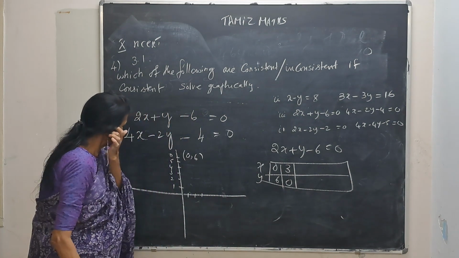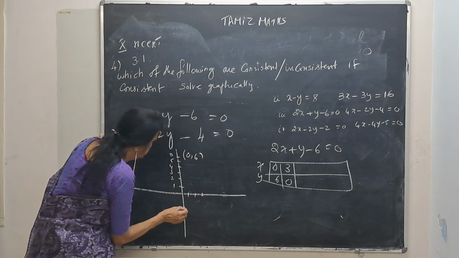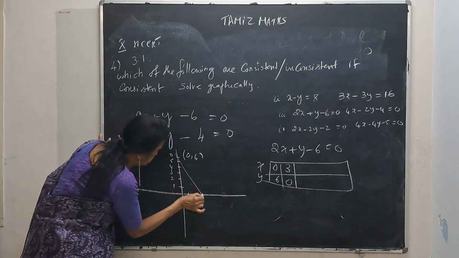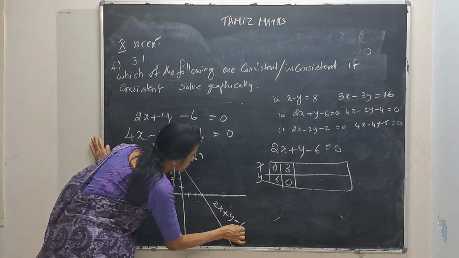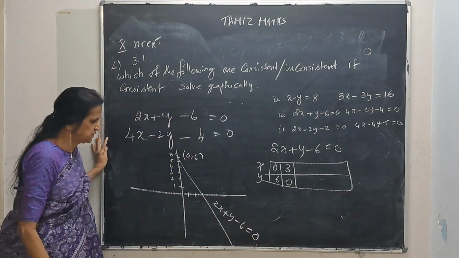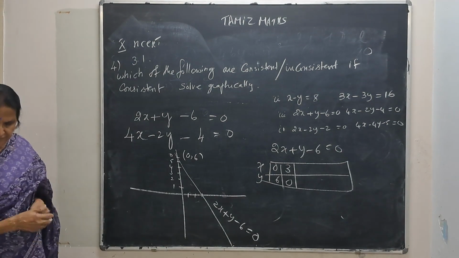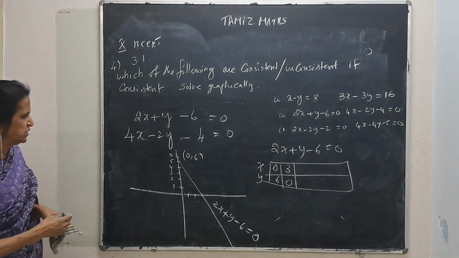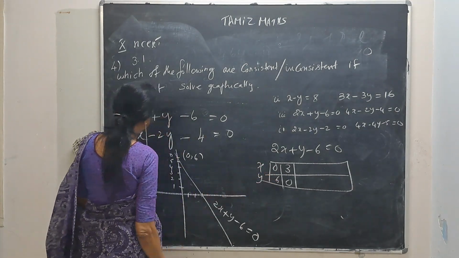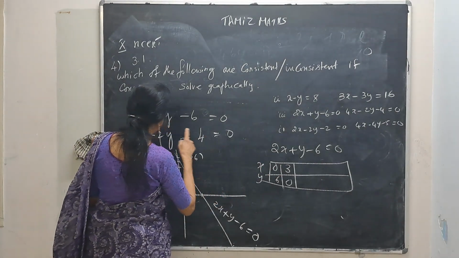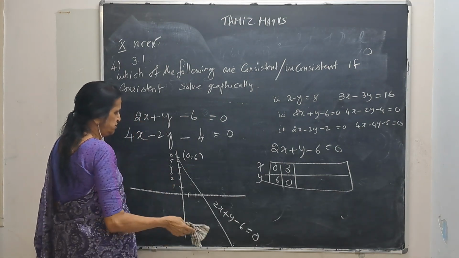Draw this. So this is the line 2x plus y minus 6 is equal to 0. So when x is 0, y is 6, and when x is 3, y is 0. So this is line 1.